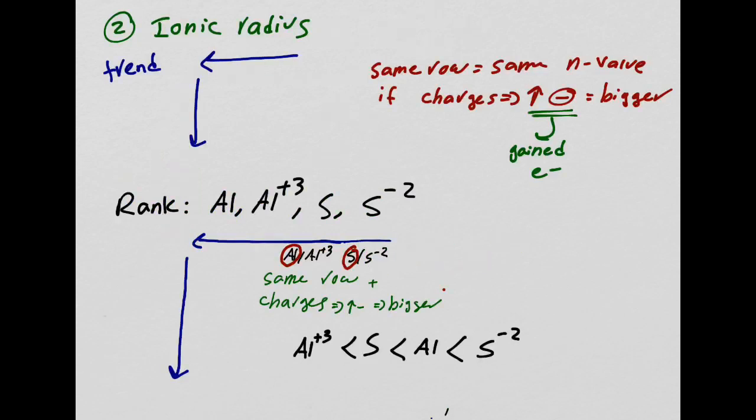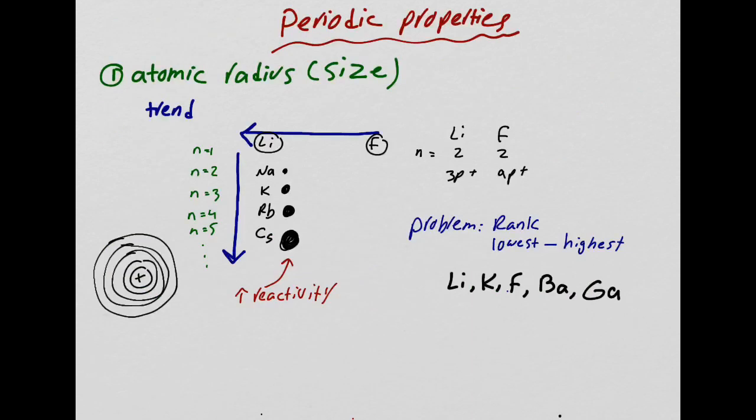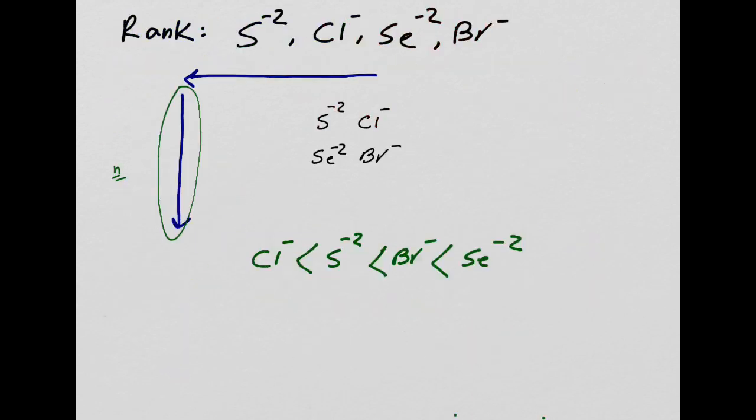So next one. So far we did atomic radius, then we did ionic radius. Now the next one is going to be ionization energy. I'm going to put IE. Here's what ionization energy is.